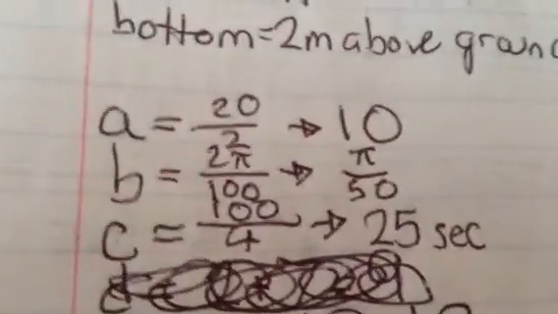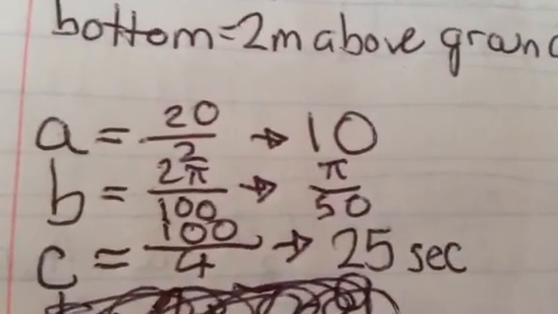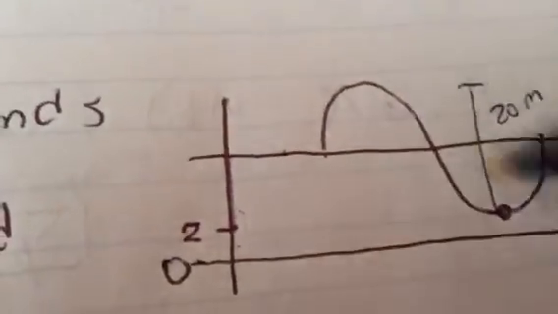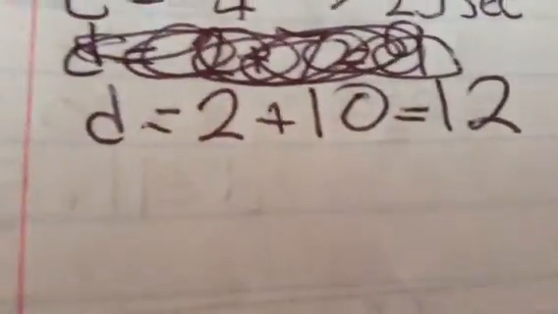And in order to find that, we took the time of 1 revolution and divided it by 4 and got 25 seconds. So I'm actually going to mark that right there because I like having it drawn out, even though it doesn't say we need to have it drawn out. So that's 25 seconds. So D, ignore the scribbles, I messed it up in the first place.